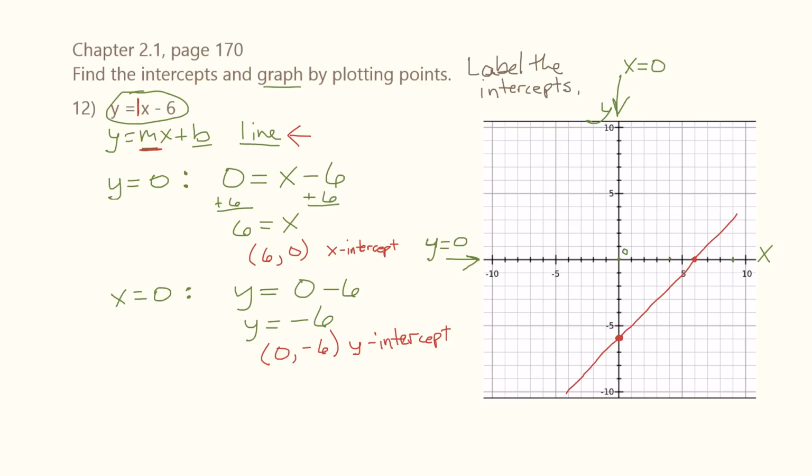So that means putting those xy coordinate pairs, this is x equals 6, y equals 0, and this is x equals 0, y equals -6. Now we have labeled our intercepts and graphed our line. That's how to do it.